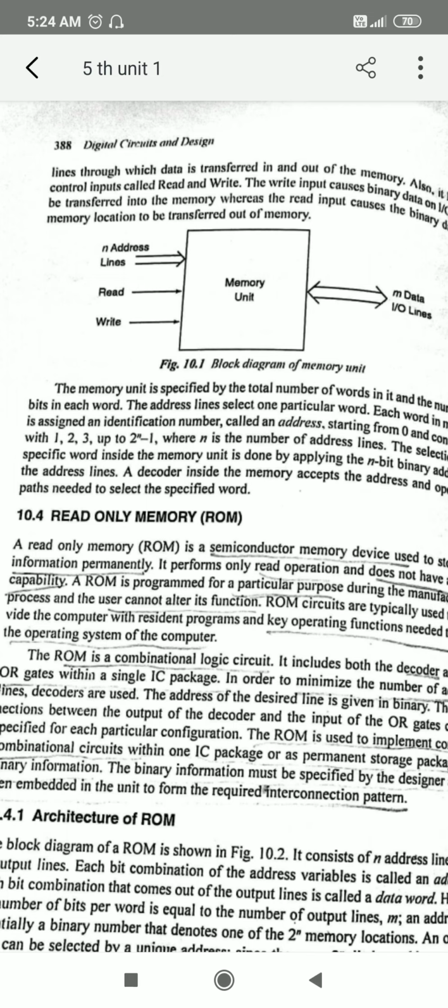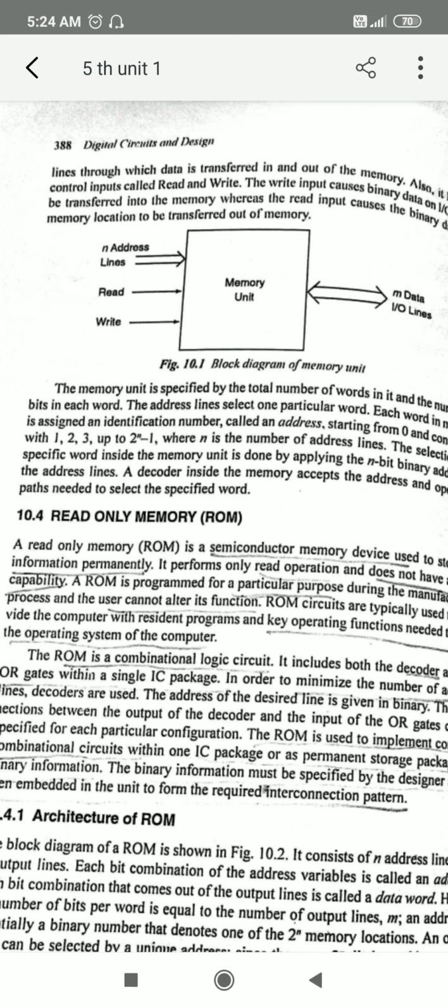Now let's start with the read-only memory. From the name itself we can understand that only the read operation can be performed, and it is a non-volatile memory.